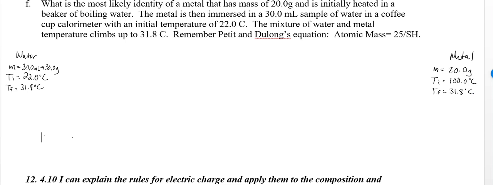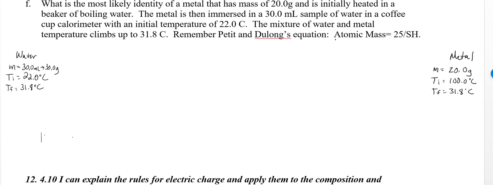All right. Then they give you Petit and Dulong's equation, which I'll show you in a few minutes how to use to solve this question. Let's focus on Petit and Dulong's equation because what this question is asking for is the identity of this metal.